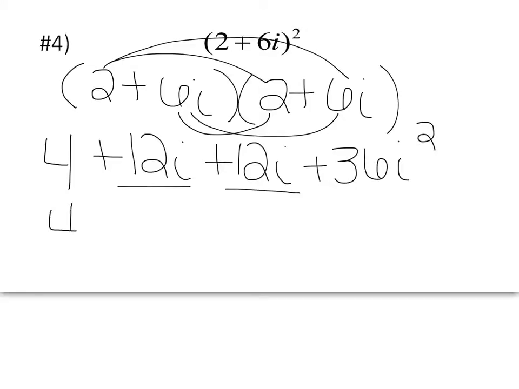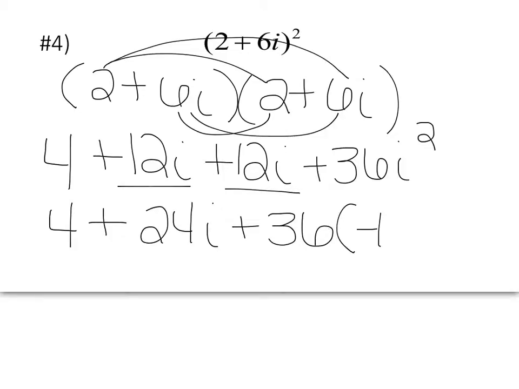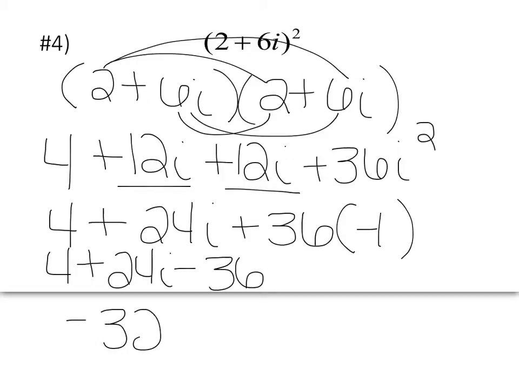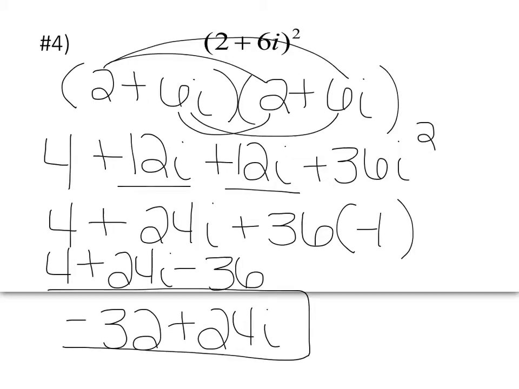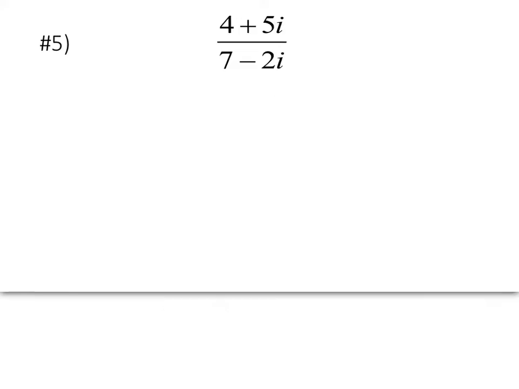Combine like terms, giving you 4 plus 24i plus 36 times -1, because remember, i squared is always -1. That leaves me 4 plus 24i minus 36. Combine your like terms. 4 minus 36 is -32 plus 24i. And that is your final answer.